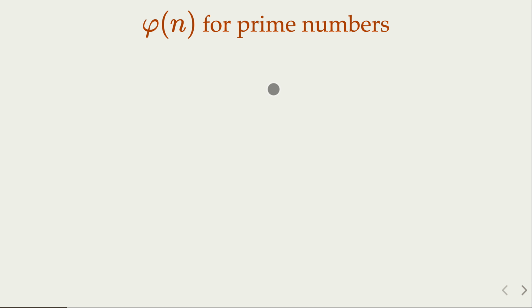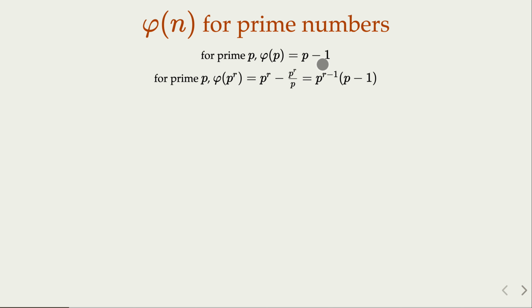Now, if n is a prime number, we know that all the numbers smaller than it are relatively prime to it, because a prime number doesn't have any factors other than 1 and itself. So the total number that is co-prime to a prime p is p minus 1. How about a power of a prime, like p raised to the r-th power, where r is a positive integer?